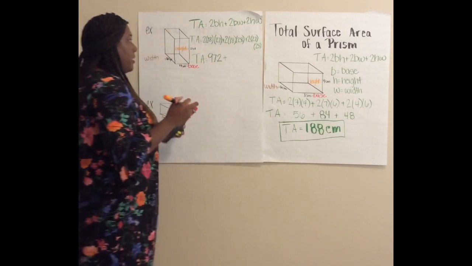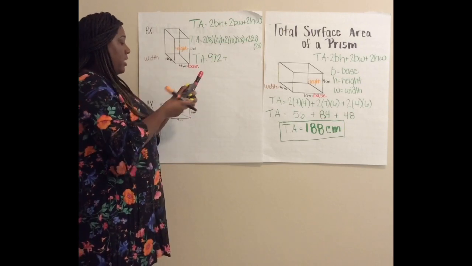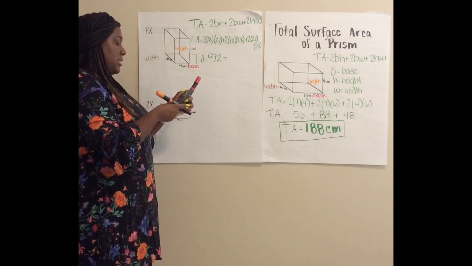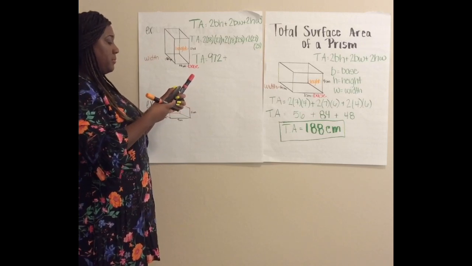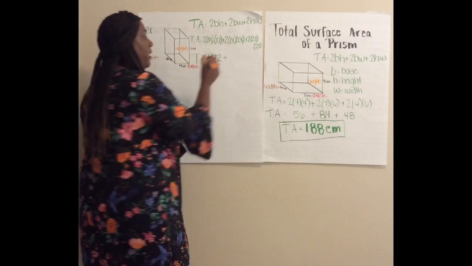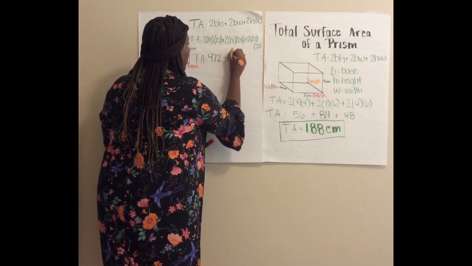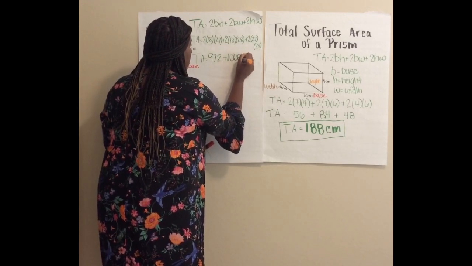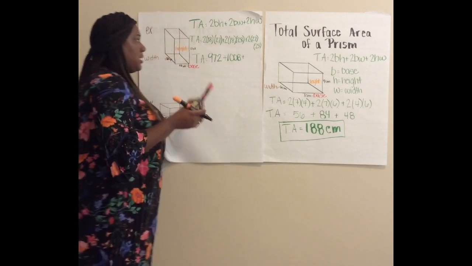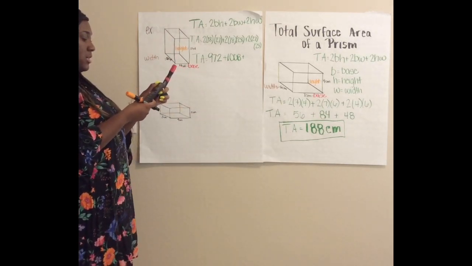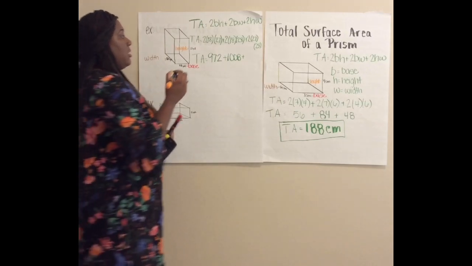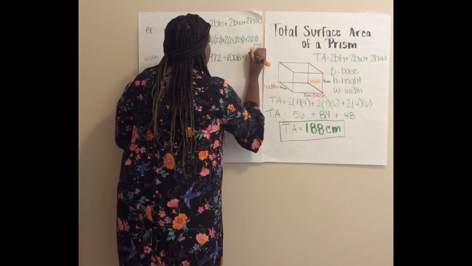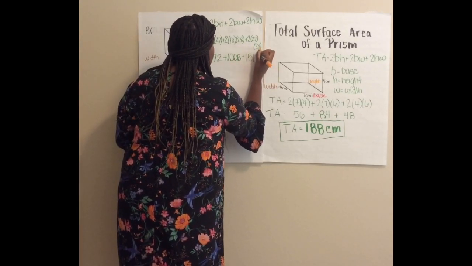Plus, because we're not done, we're going to do 2 times 18 times 28. I got what? 1008 plus 2 times 27 times 28. I got 1,512.